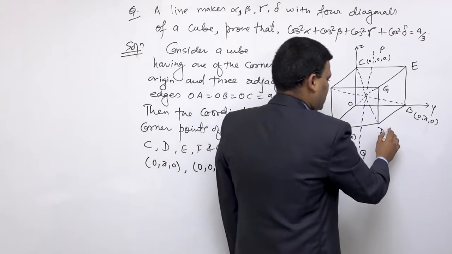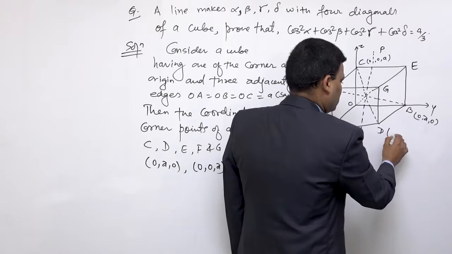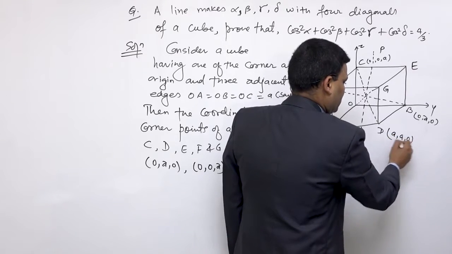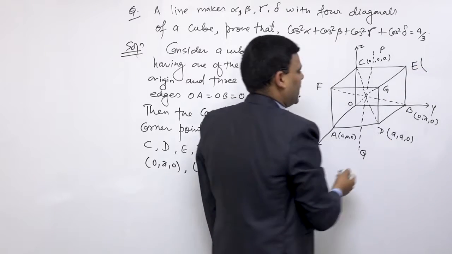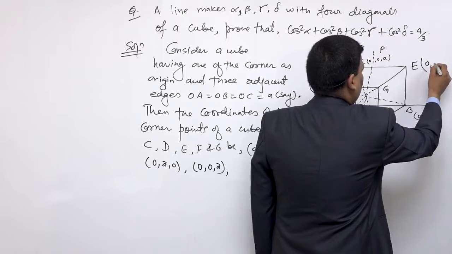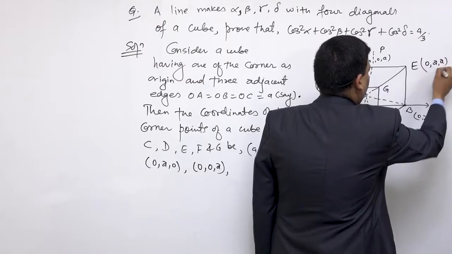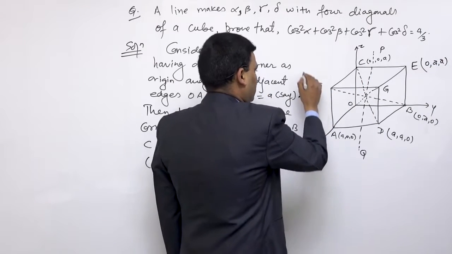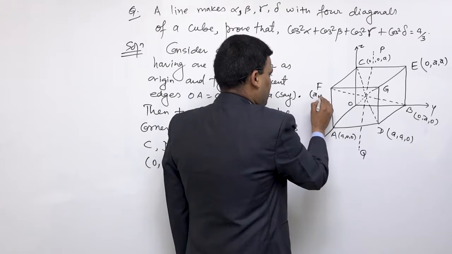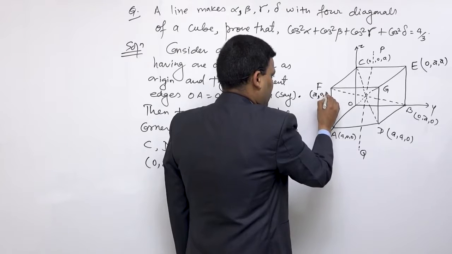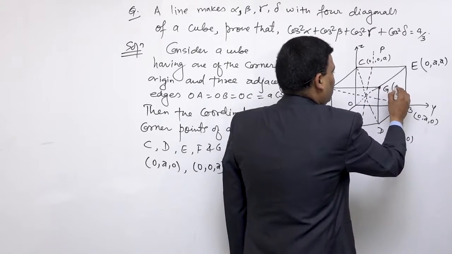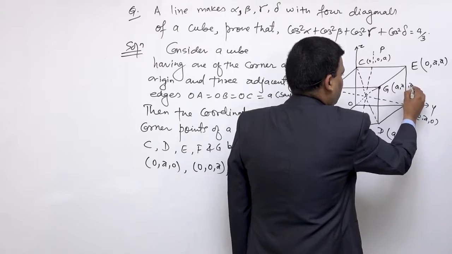And point D is on the xy plane, that's why the coordinate of point D is (a, a, 0), and this point E lies on the yz plane, that's why its coordinate is (0, a, a), and the point F lies on the xz plane, that's why its coordinate is (a, 0, a), and this is a point having coordinate (a, a, a).